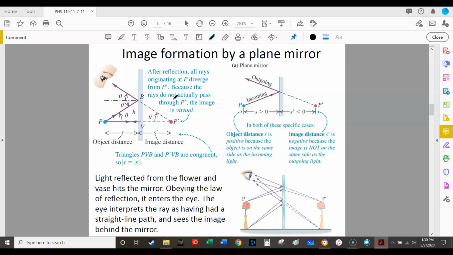There's some cool things. It's kind of interesting how our brains perceive reflected images, right?